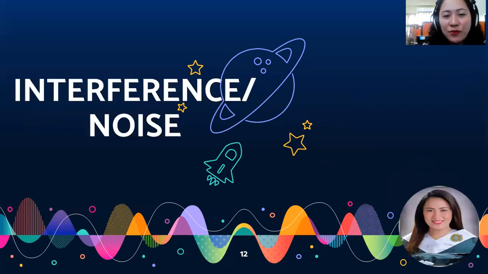we have the interference or the noise or the barrier. This is an element of communication because sometimes it affects the decoding of the intended meaning of the message. So the tendency is that the receiver would not be able to perceive the appropriate meaning because of the noise or the barrier.